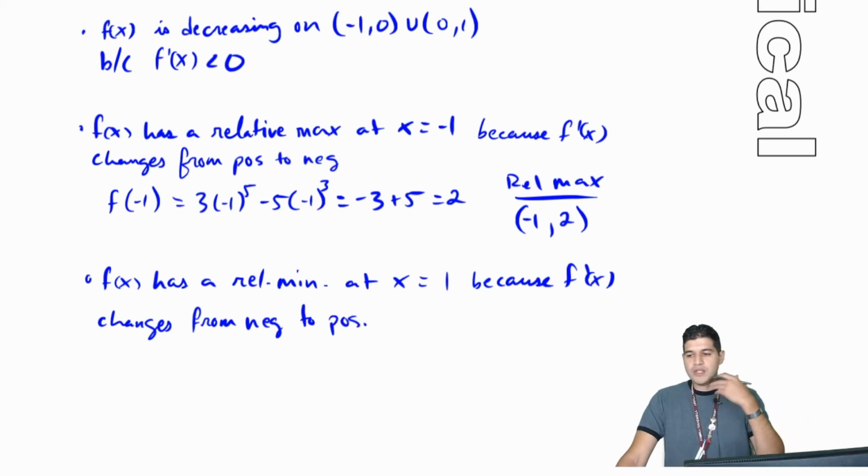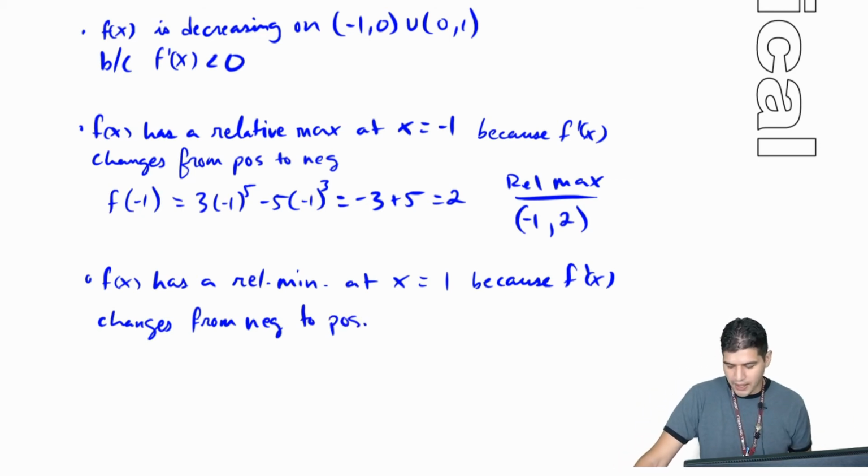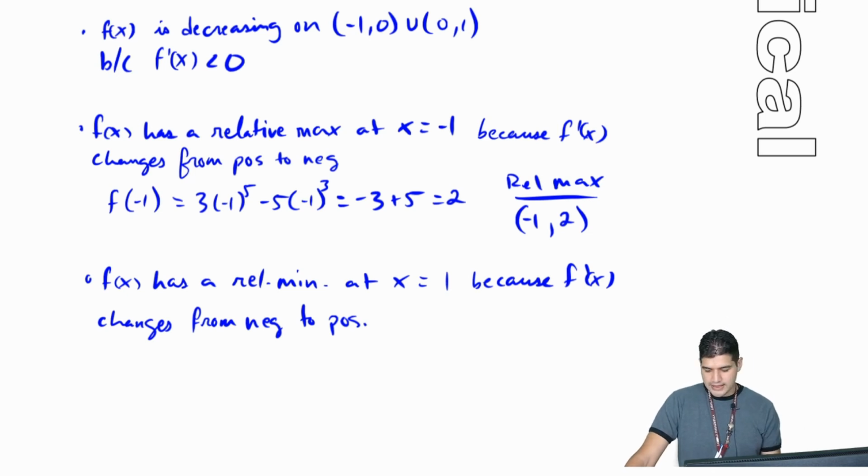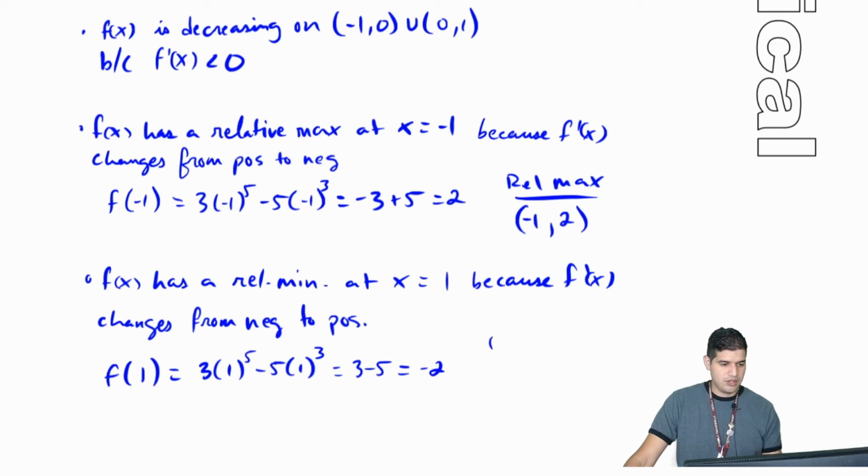And since f prime is changing from negative to positive, f of +1 is going to be 3 times 1 to the 5th power minus 5 times 1 to the 3rd power, which gives 3 minus 5, which is -2. So my relative min is going to be +1 for my x value and -2 for my y value.